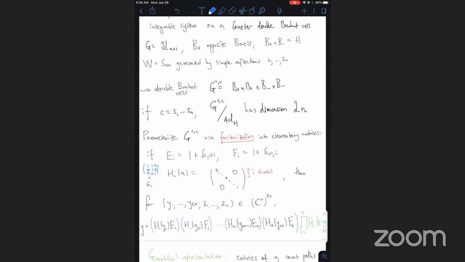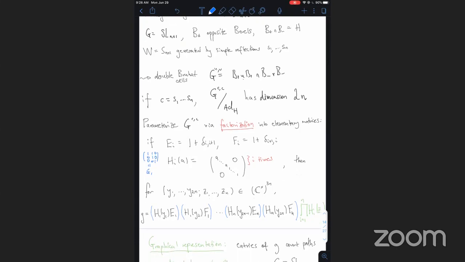Of course, this element does not lie in SL_{n+1}. Strictly speaking, I'm thinking about dividing by the appropriate (n+1)st root of the determinant to normalize things to be determinant 1. But that's an inessential thing which introduces a lot of ugliness into the formulas and not a lot of insight, so I'm just going to pretend it doesn't exist for the rest of the talk.